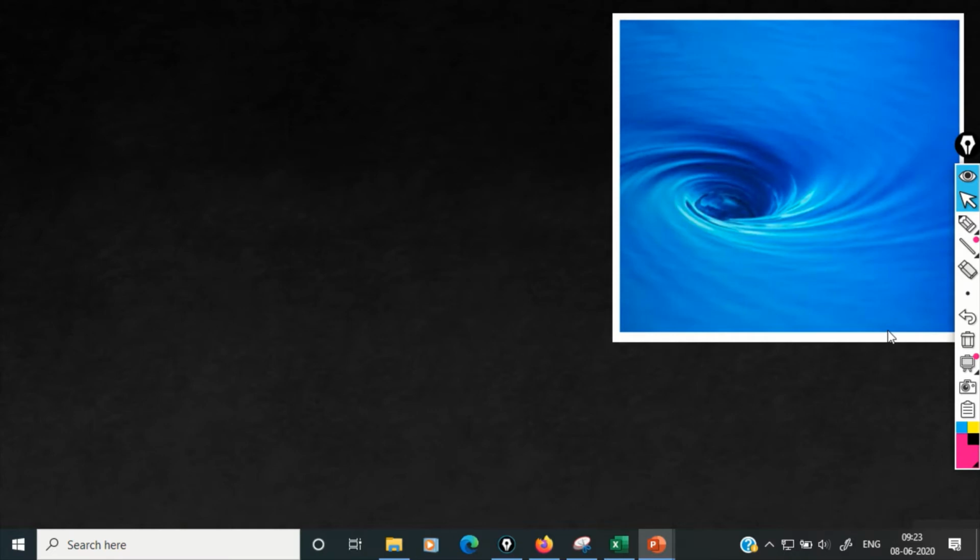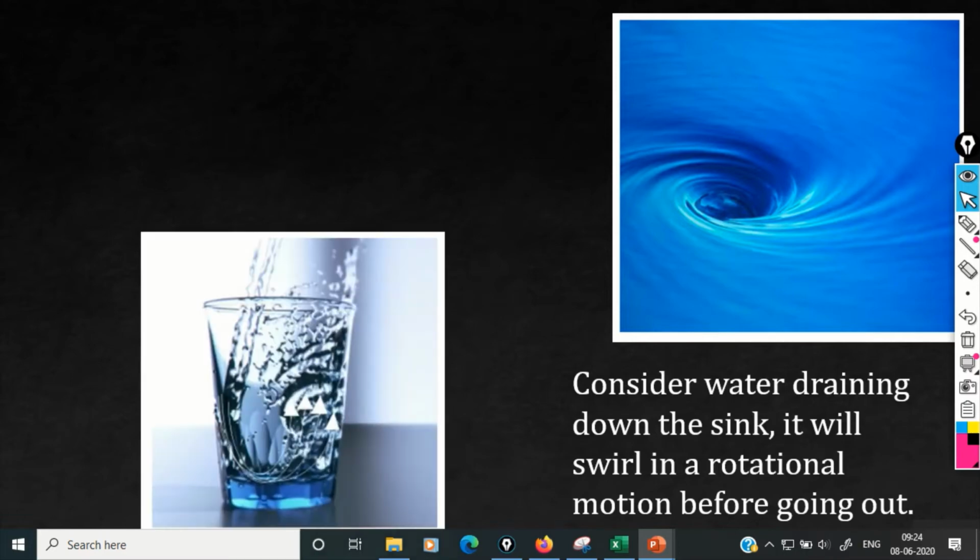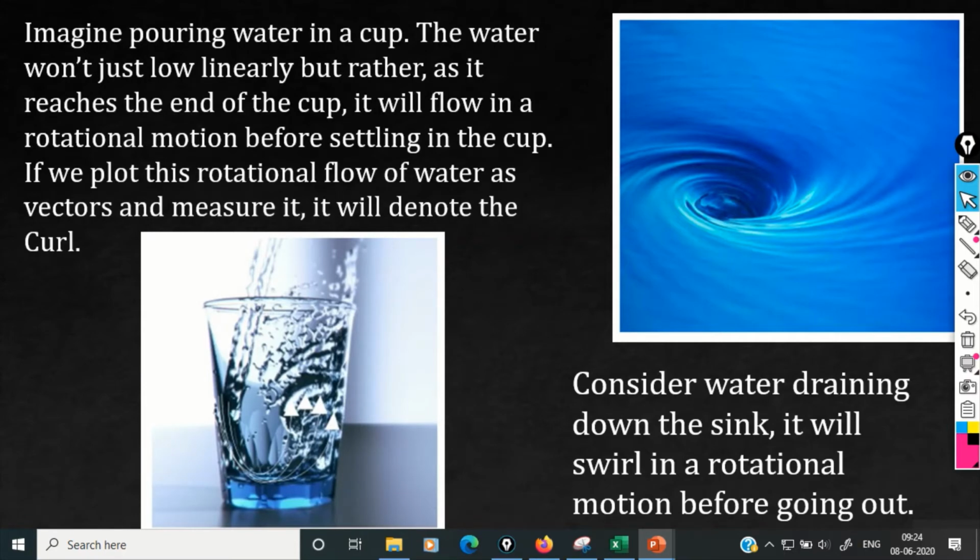Let us understand now what is curl. Consider the water draining down the sink. It will swirl in rotational motion before going out. We have seen this example many times. If I open the tap in the sink or basin, the water is exiting in the circular direction. Similarly, let us take the example of putting water in a glass.